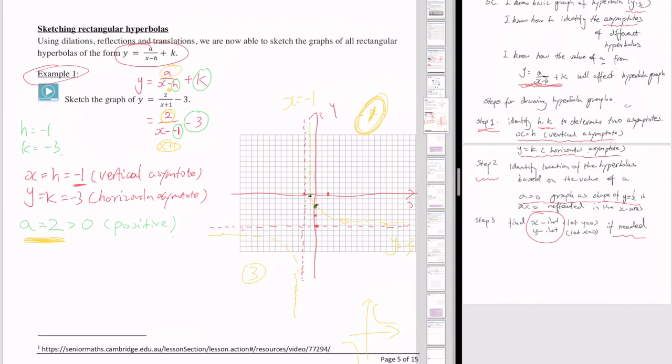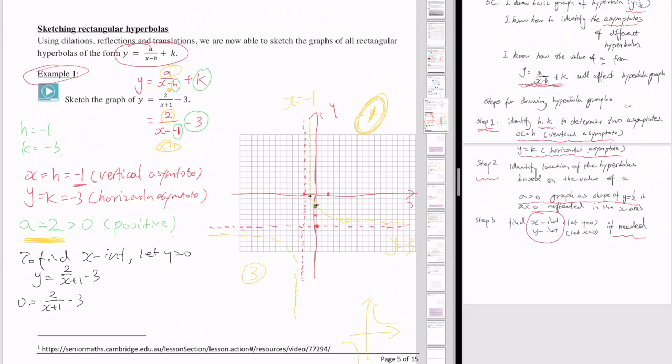So coming to step 3. To find the x-intercept, we let y equal to 0. Since our equation is y equal to 2 over x plus 1 minus 3, we let y equal to 0, the rest of the equation stays the same, and then we calculate x.